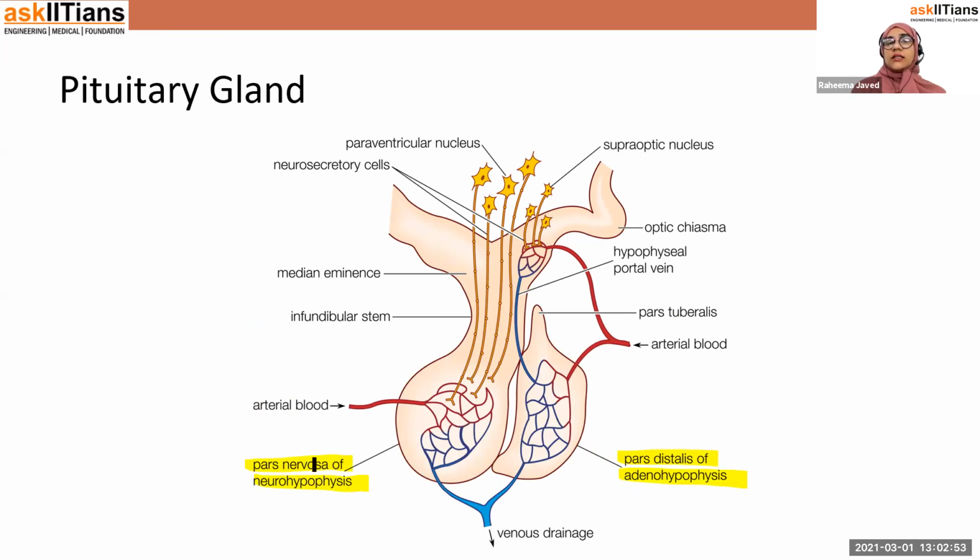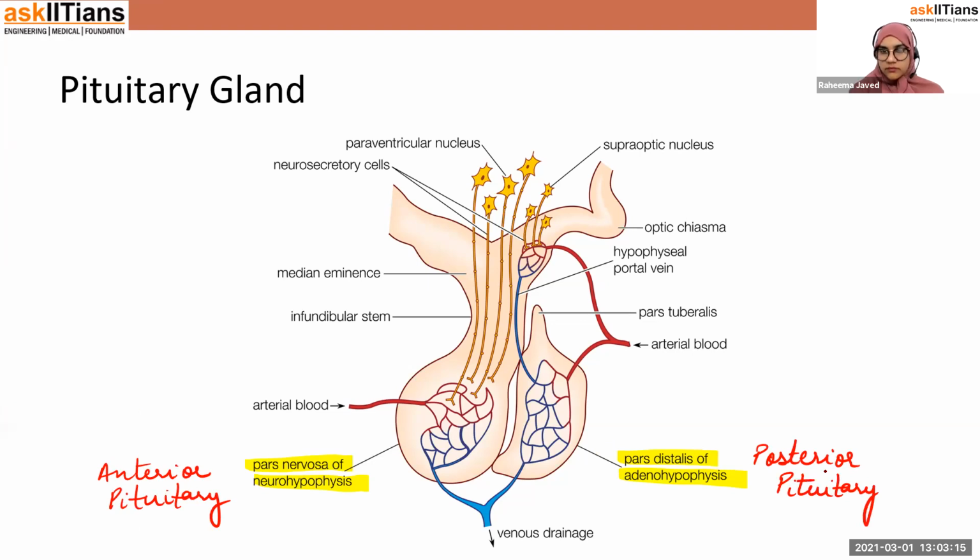Pars nervosa is the posterior pituitary, pars distalis is the anterior pituitary, and there is a tiny little intermediate pituitary also that is present between anterior and posterior pituitary.